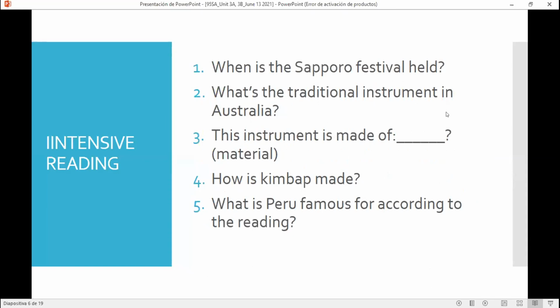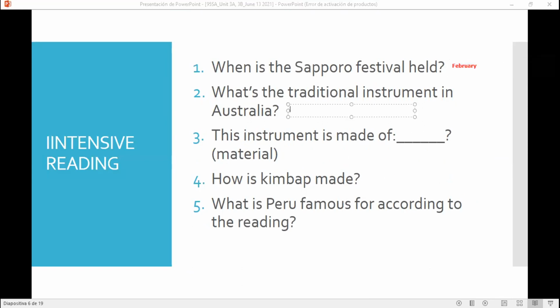Can you remember? When? February, teacher. In February, teacher. February, exactly, February. Yes, it's held in February. So the 2nd month of the year.